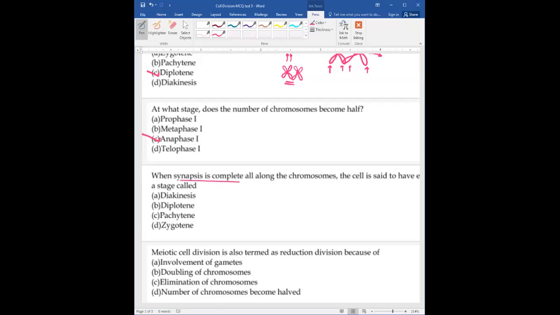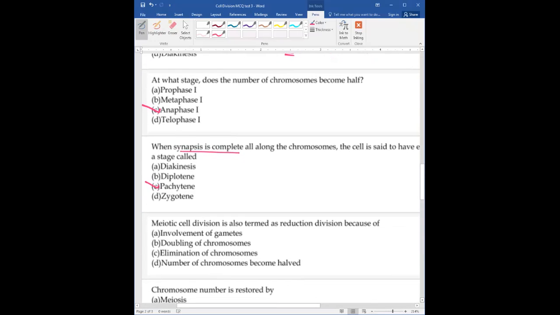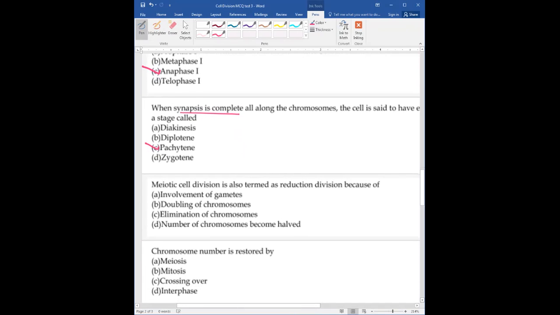Yes, very nice. So once this is complete, guys, the cell is now going to enter into your pachytene, because after zygotene, we are going to have pachytene.